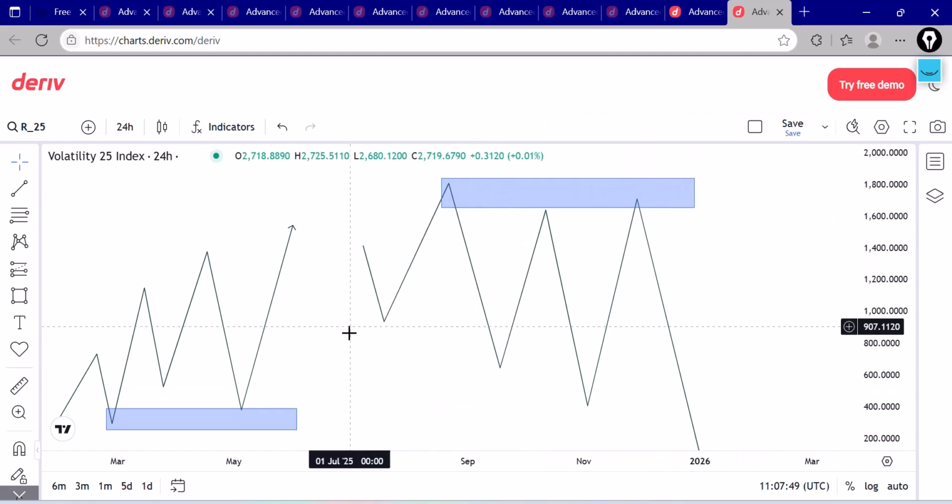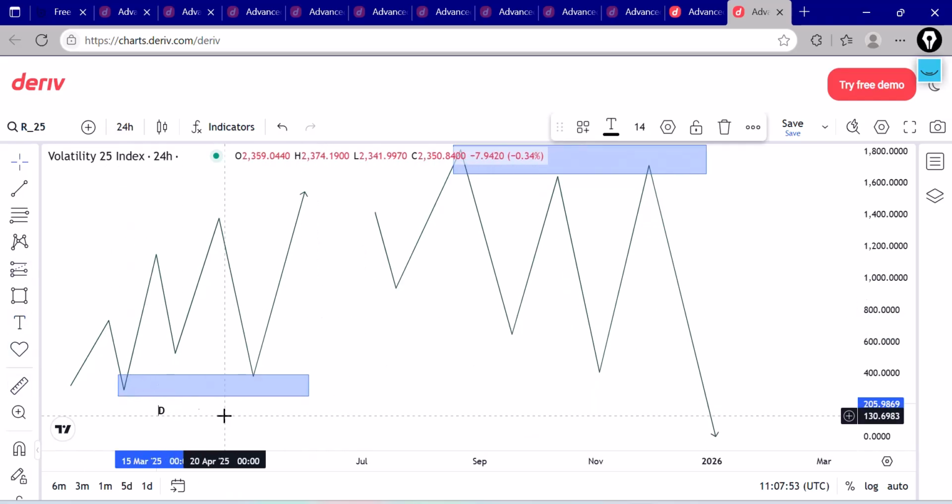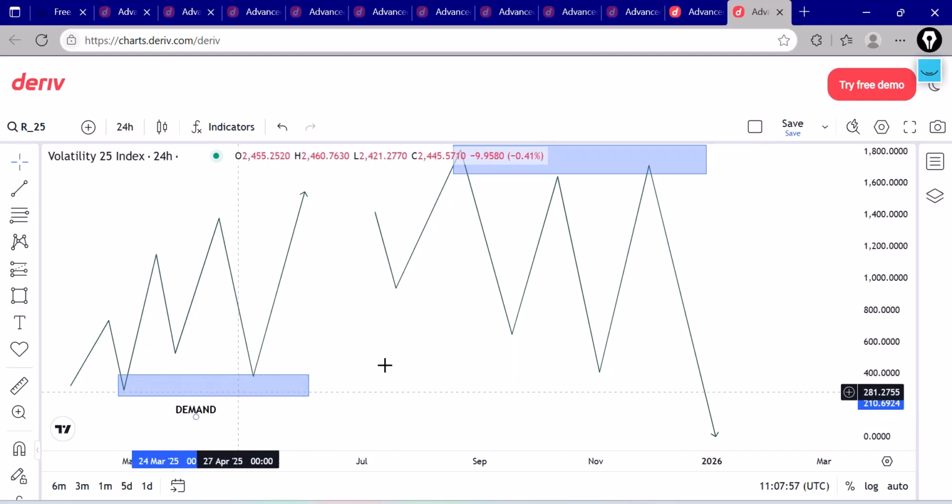So this is a supply zone. So let's note this. This is a demand zone.